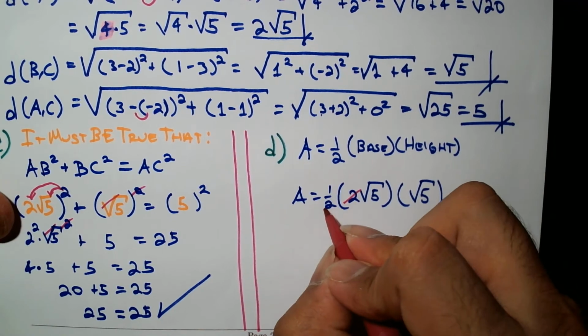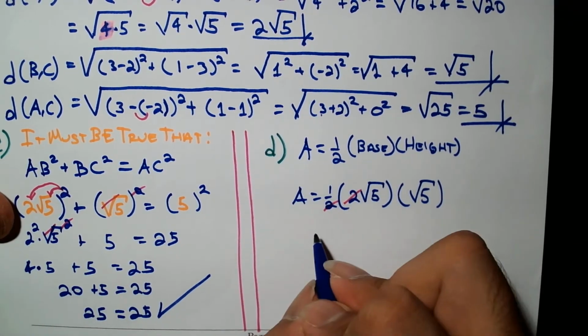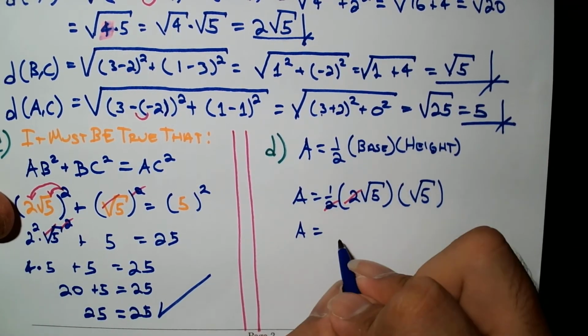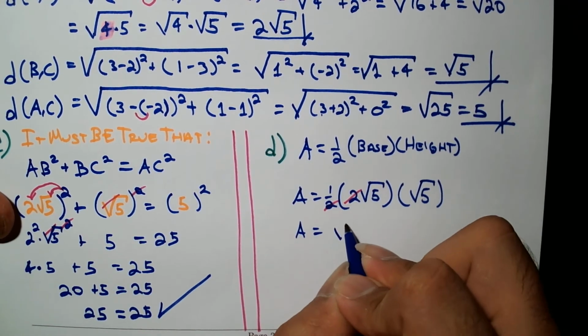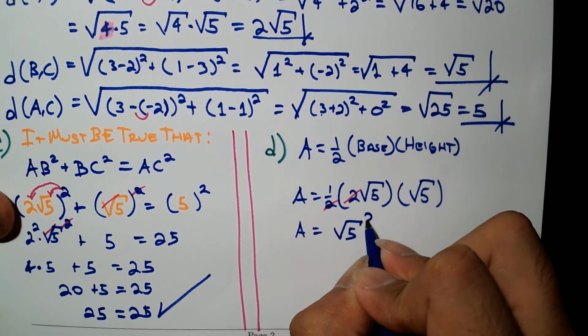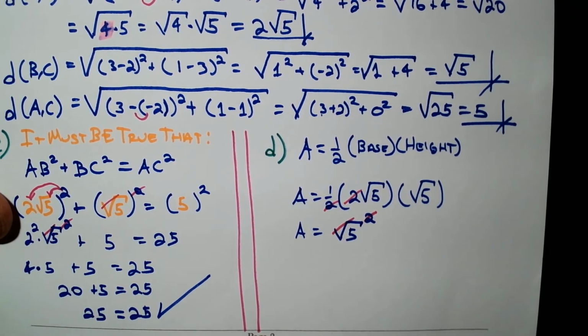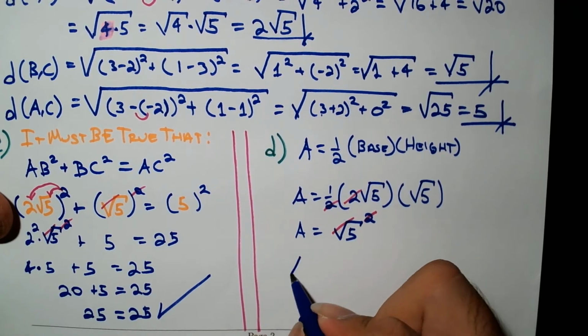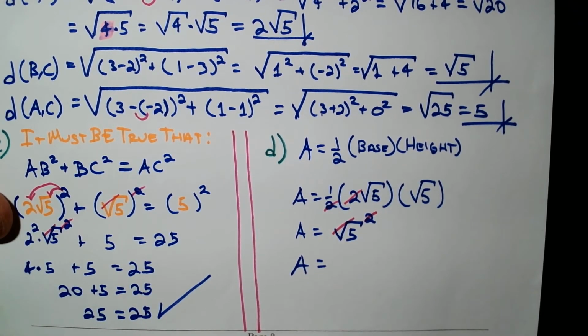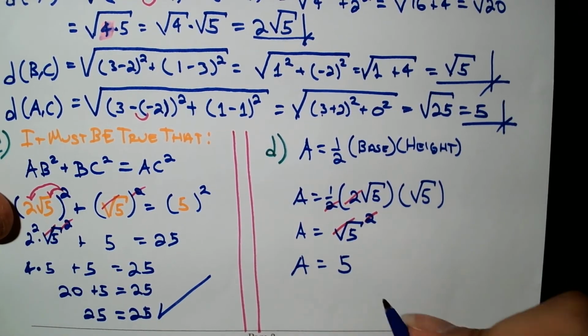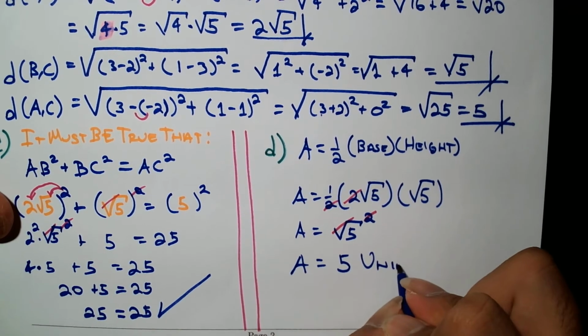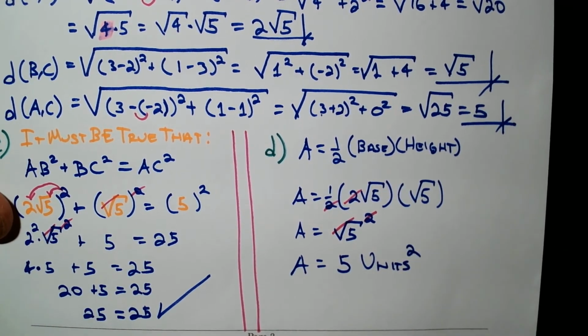So the 2's cancel and we get the square root of 5 times itself, which is the square root of 5 squared. However, keep in mind that the radical and the square cancel, giving us an area of 5, in this case, units squared.